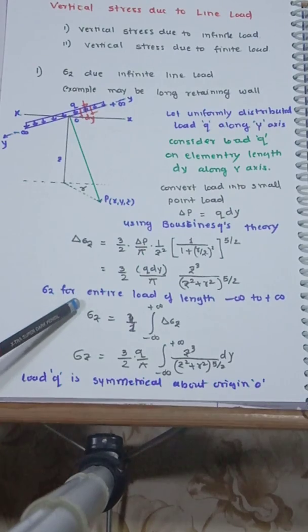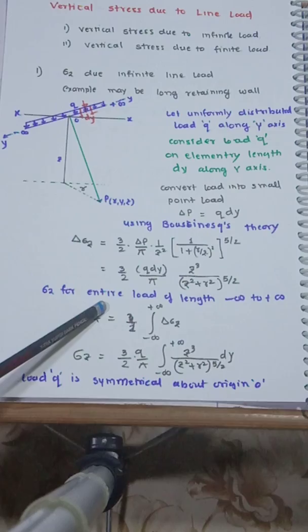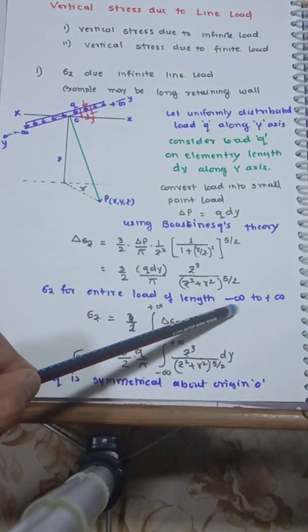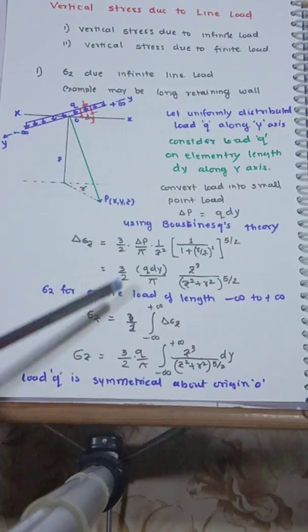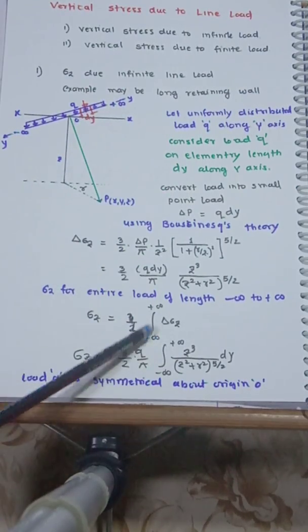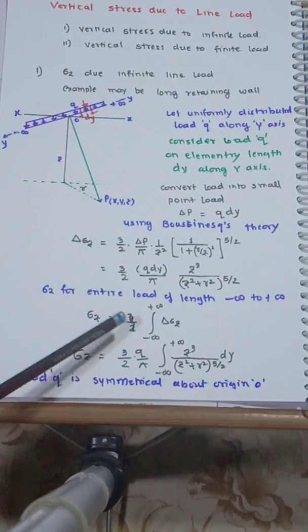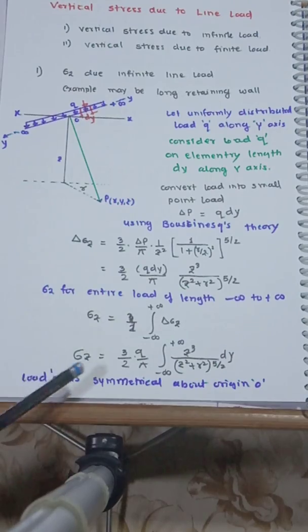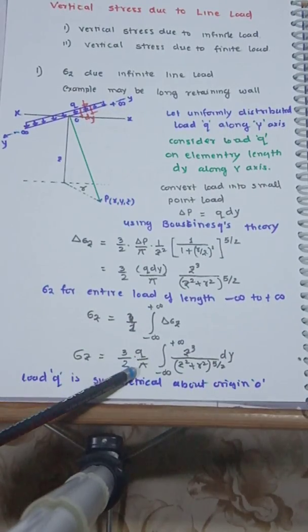And this is for delta sigma Z. Now for the entire length, which varies from minus infinity to plus infinity, we integrate this delta sigma Z over the limits minus infinity to plus infinity. Substituting this value here, you'll find 3 by 2 pi, Q are constants.